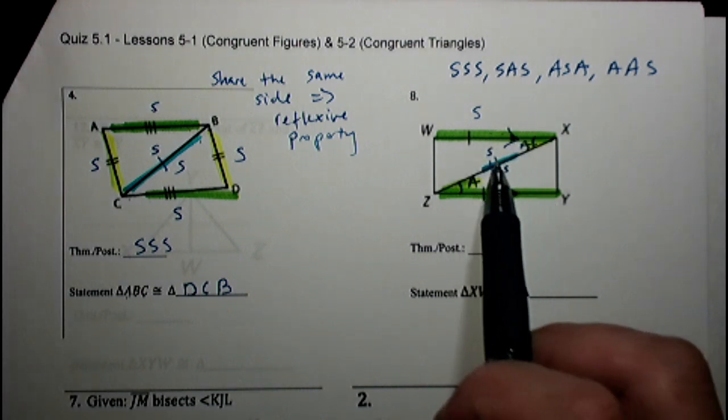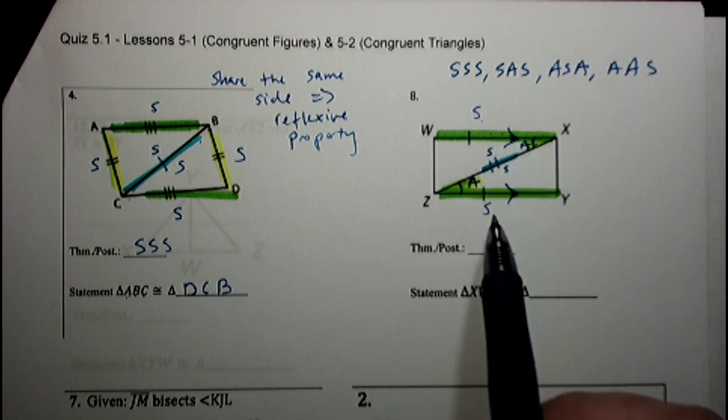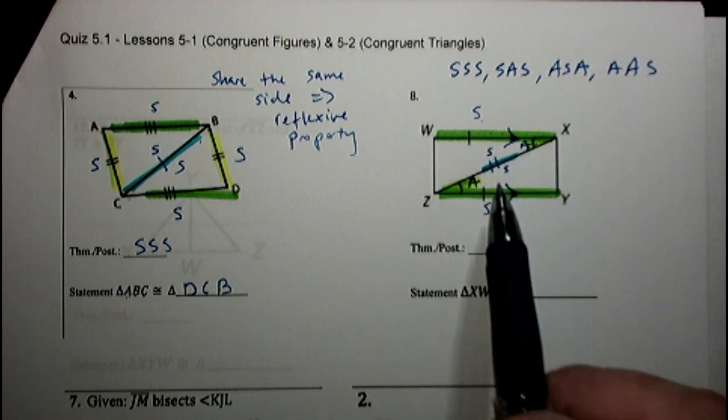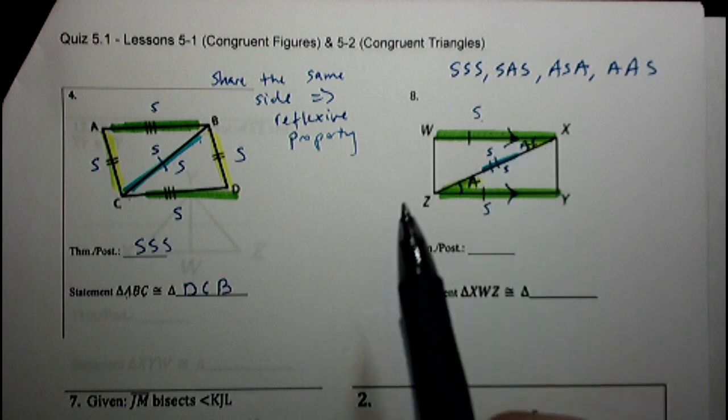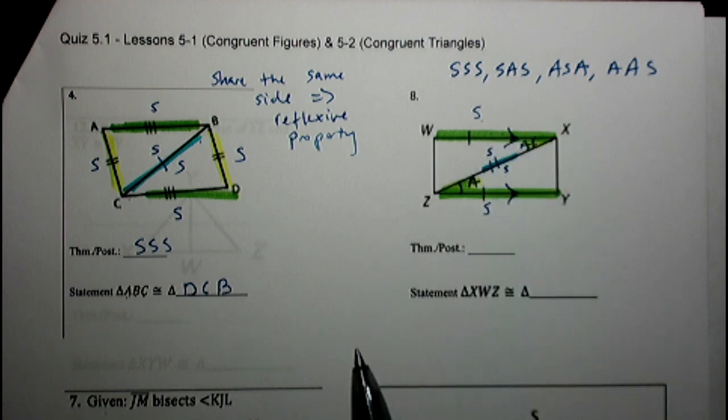Green, yellow, blue, side, angle, side. And then I'm going to look at this triangle using the same direction. Green, yellow, blue, side, angle, side.